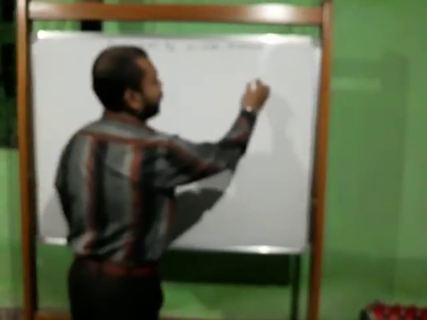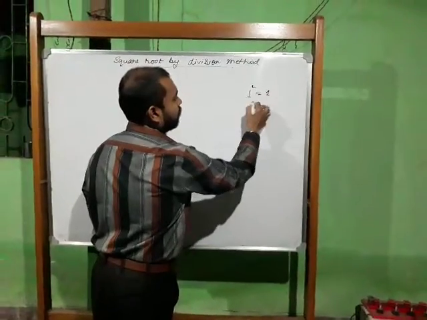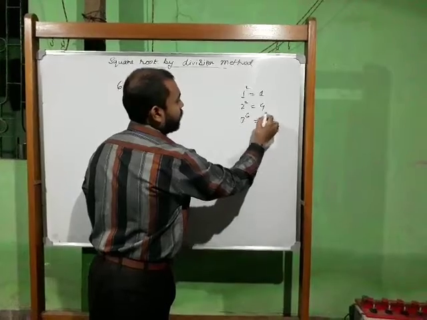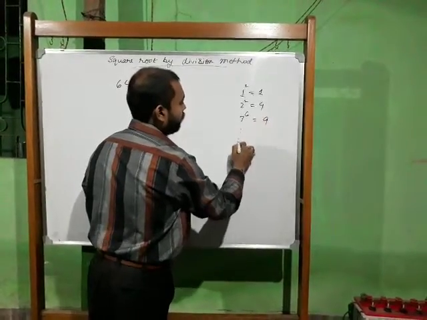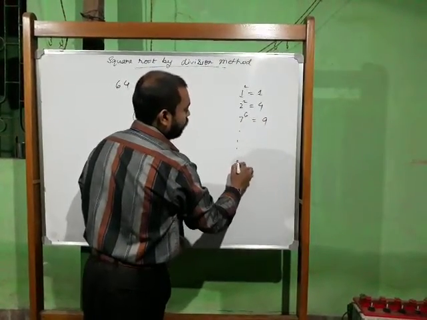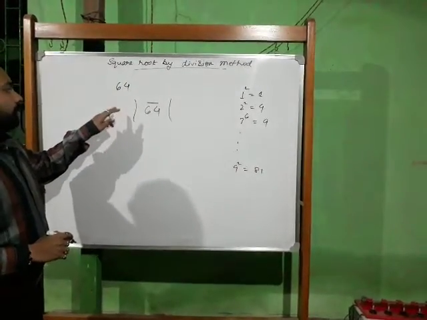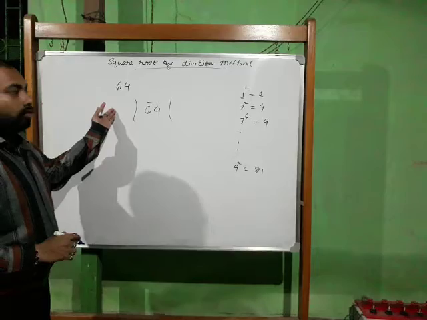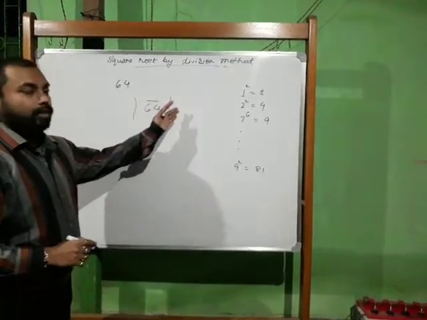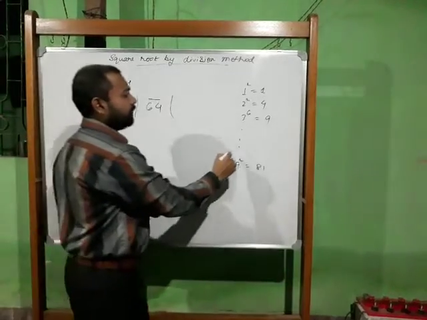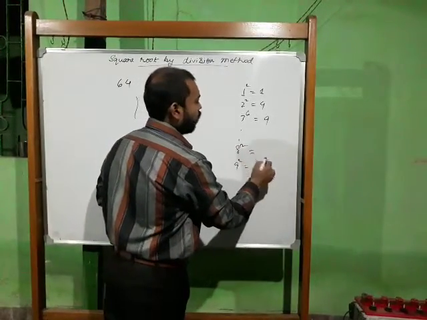One thing we know: 1 square is 1, 2 square is 4, 3 square is 9, and in this way up to 9 square it is 81. So if I take 8, 8 into 8, this is something different from normal division.